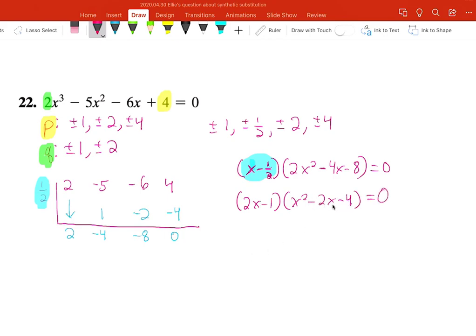Now, this factor, again, is our 0 of 1/2. That's what it relates to. Set this equal to 0, and we would get 1/2. If we set this other factor equal to 0, well, first off, I don't see a good way to break it down. So I would need to pull out the quadratic formula.